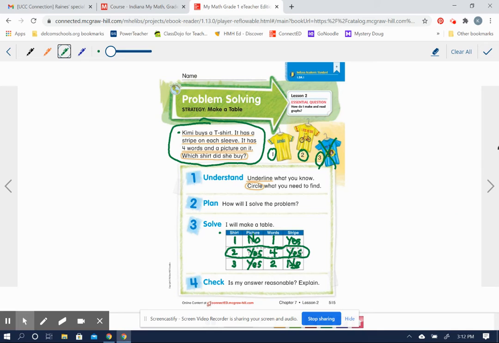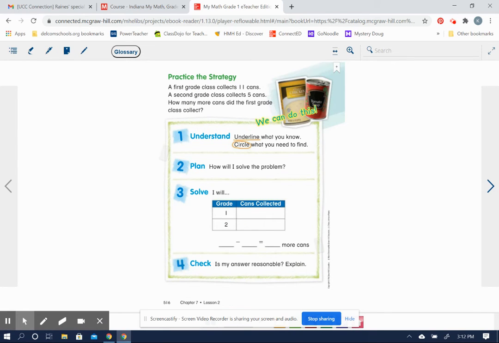And number 3 has a picture on it, but it didn't have the stripes on the sleeve. So it's not number 1, it is number 2. Then when you check, is my answer reasonable? Explain. Yes, it has all of the things down here in our table that it says it has up here. So that is reasonable.